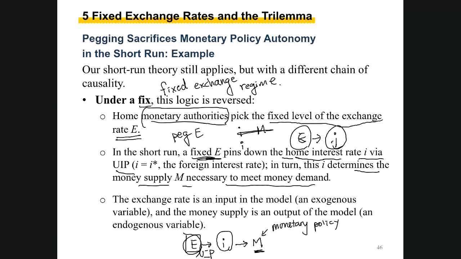Whereas under the float regime, I can use monetary policy to control my domestic interest rate, so that I will have a more fluctuating exchange rate because of the UIP and interest parity.